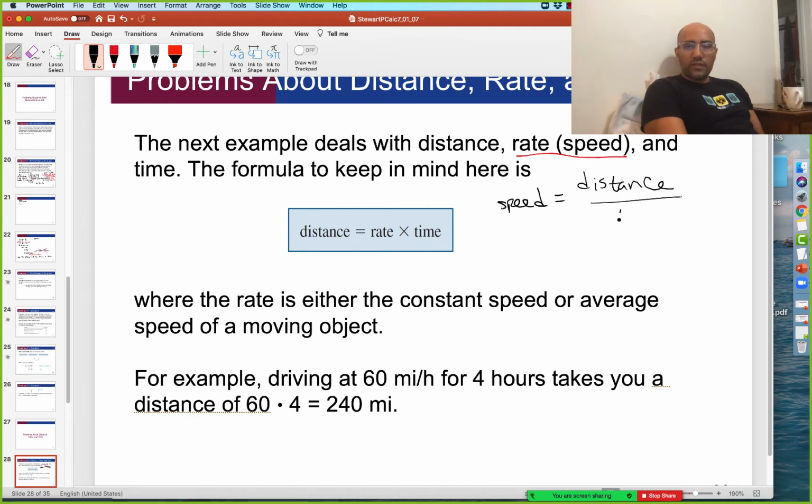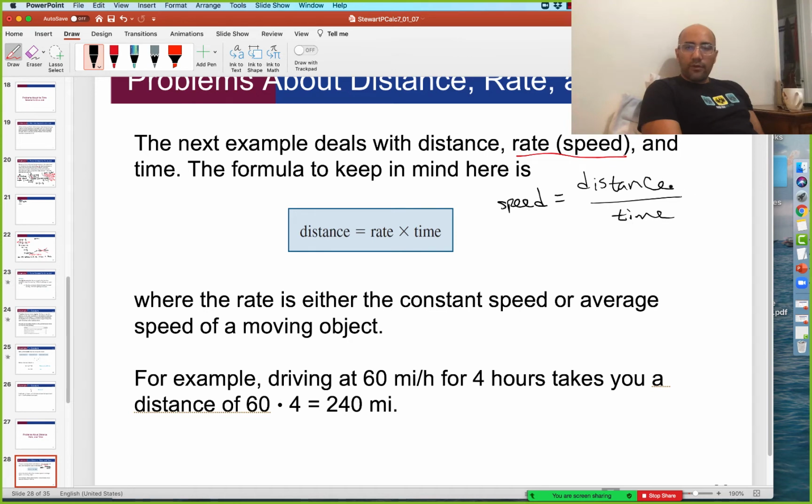Distance traveled over time elapsed. You went 60 miles per hour, you went 400 meters per second, whatever. So some sort of distance traveled in a unit of time gives you the speed. I feel like this is easier to memorize or remember. And then from here you can get all three versions of this.